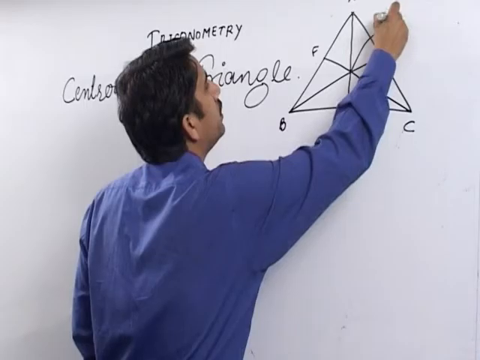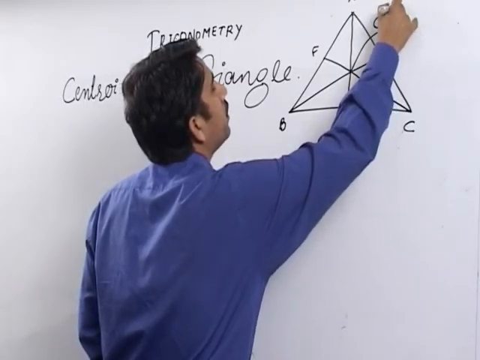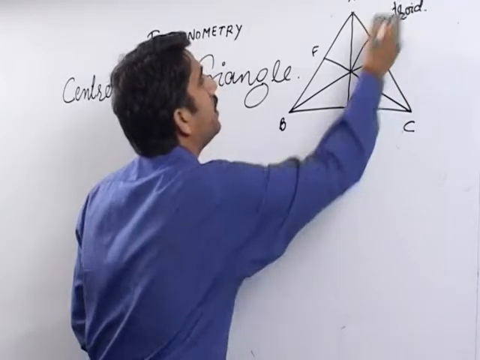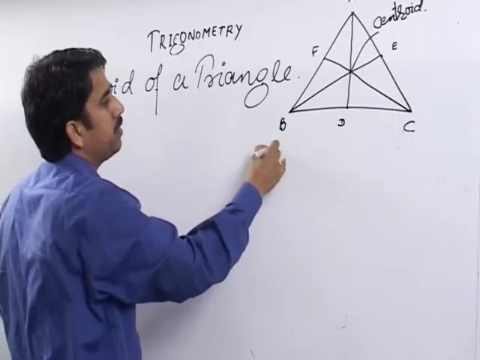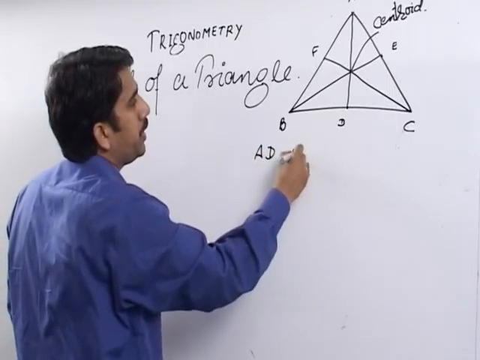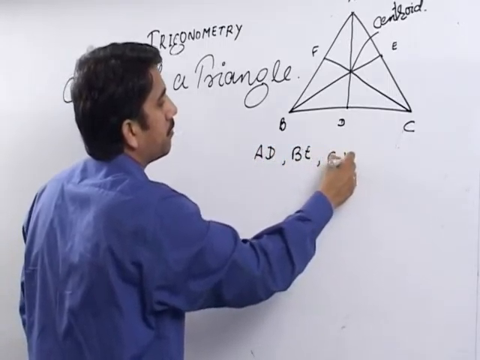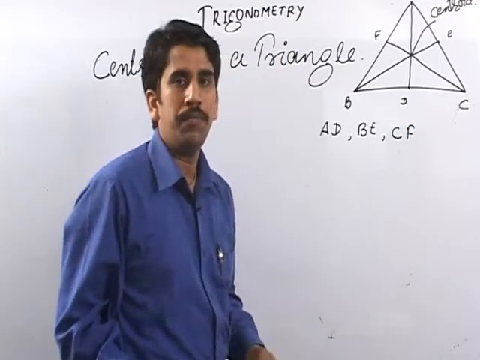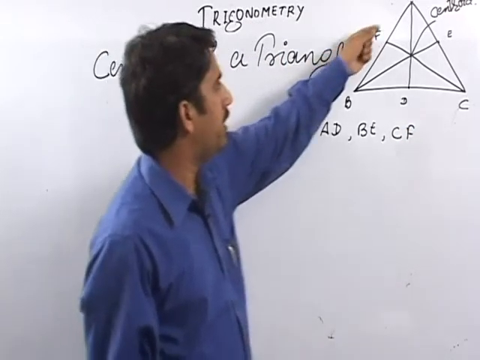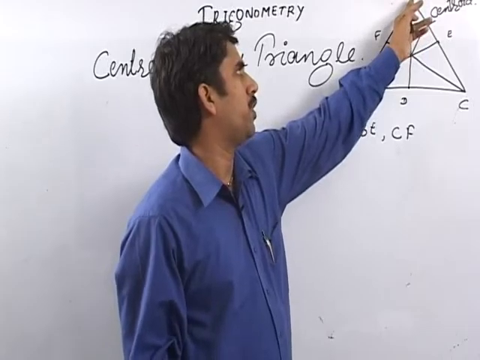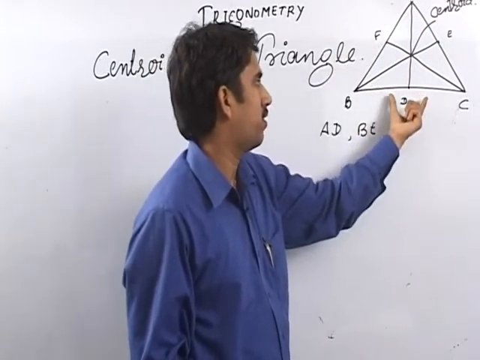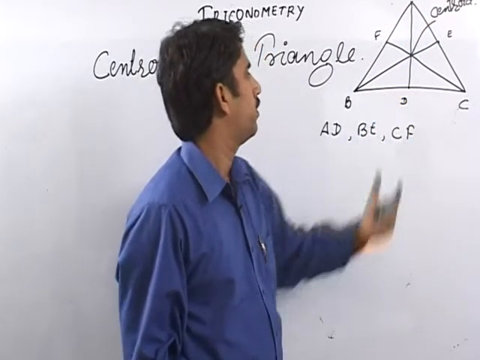This is called centroid, and these lines AD, BE and CF are called medians. Thus, a median is a line from an angular point which bisects its opposite side.